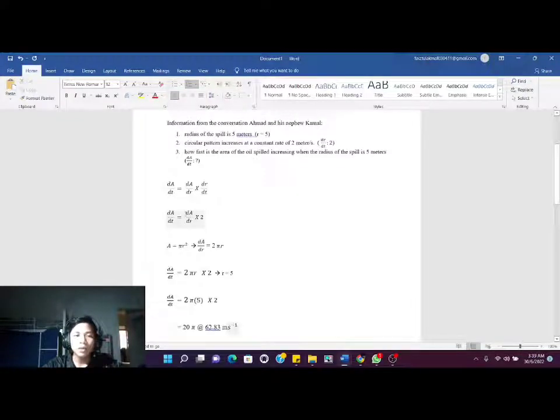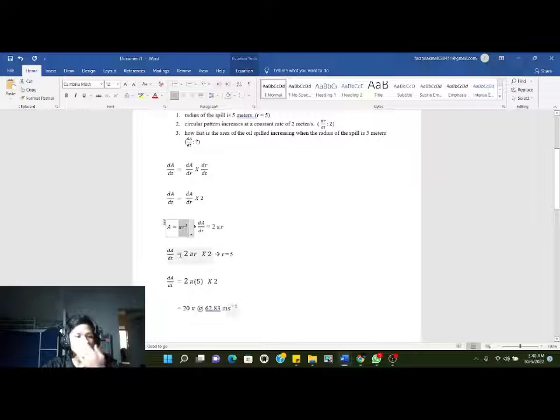So we must generate our own formula from the equation of area. We know that the area is pi r squared, and then we can get dA/dr by differentiating pi r squared, so we get 2 pi r.